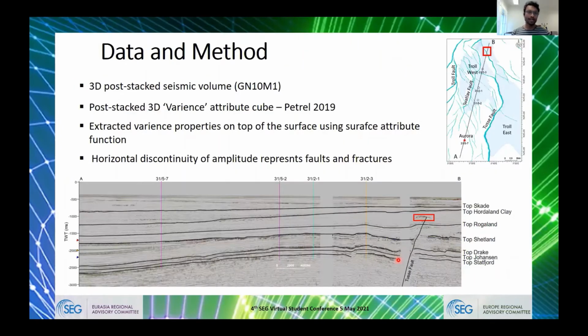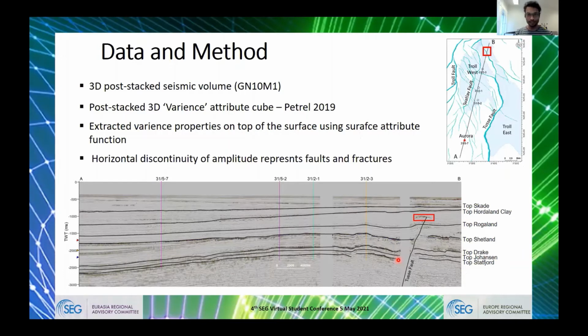We have a 3D post-stack seismic named GN10M1. I used this 3D post-stack seismic and generated a variance cube using the Petrel 3D attributes module.